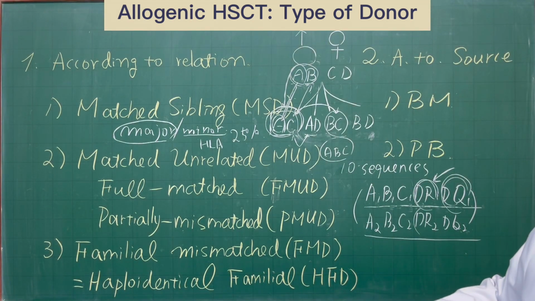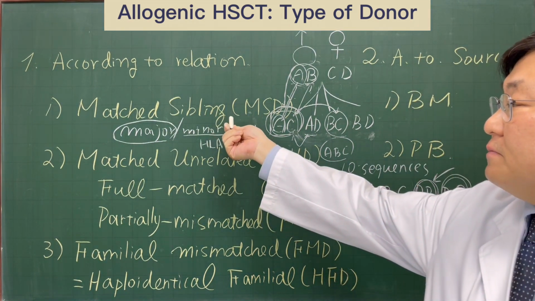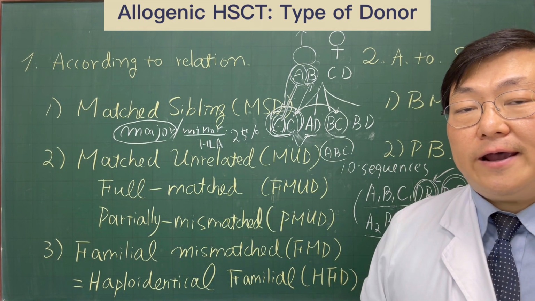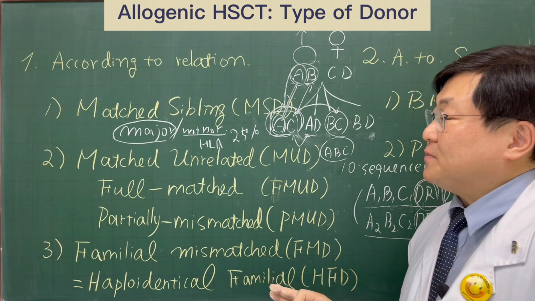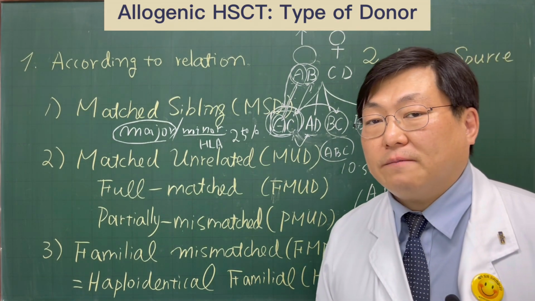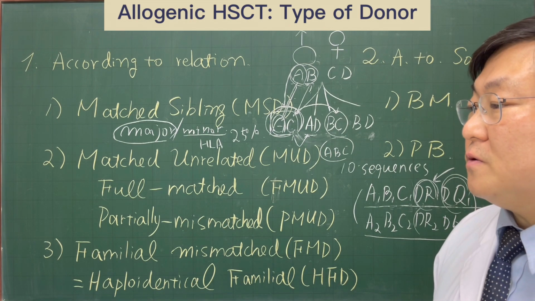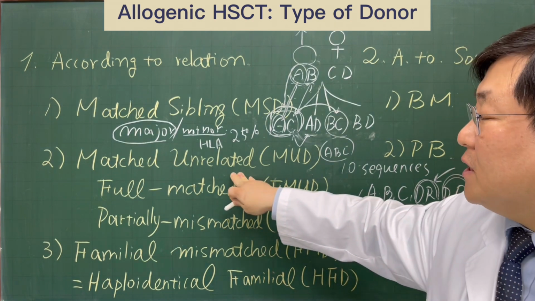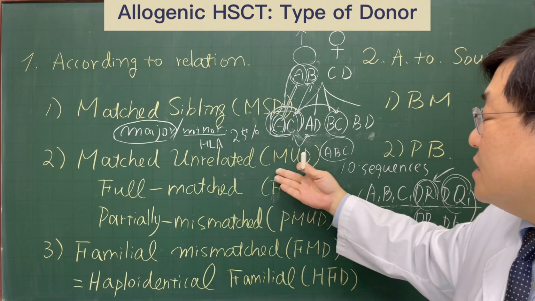So nowadays in Korea, we use the matched sibling donor first because it has a low possibility of graft rejection, and the incidence of GVHD is very low. But in specific situations such as acute leukemia, lymphoma and myeloma, the graft versus leukemia or graft versus tumor effect will also be important. In this case, all the possible outcomes will be identical between the matched sibling donor and the matched unrelated donor.